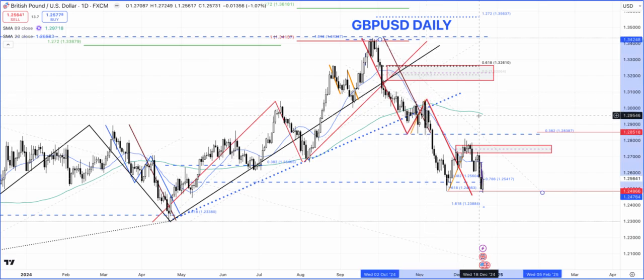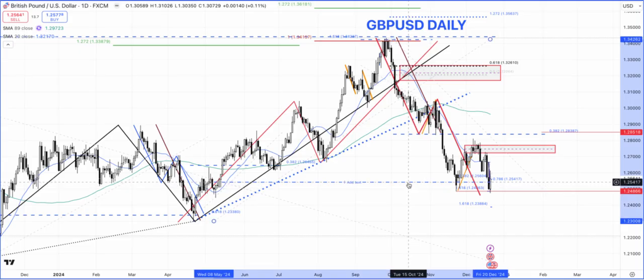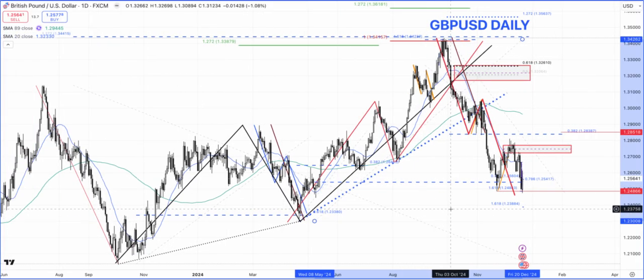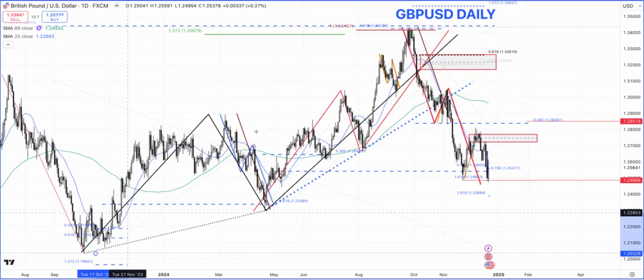Now that's one thing. The other thing is we also have this 78.6% retracement of this low, 22nd of April 2024, to the highs, September the 26th 2024, right nearby. Then let me draw this retracement, which I have not drawn yet, and here we go.